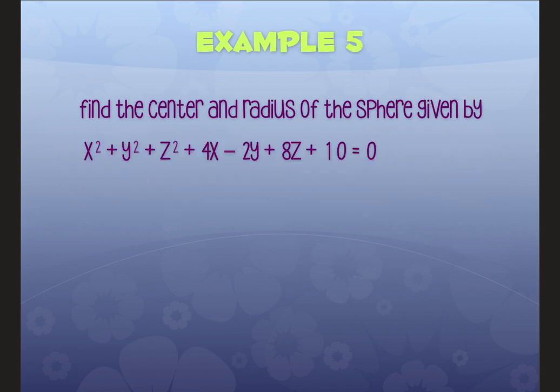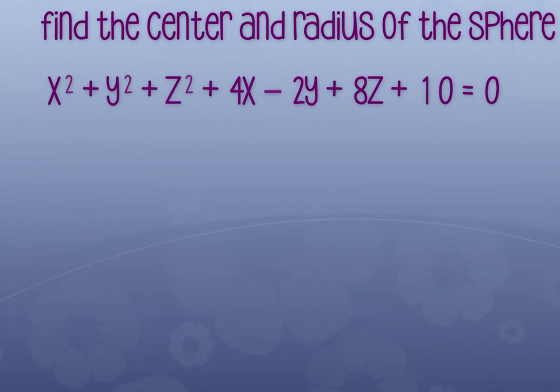All right, last one. Find the center and the radius of the sphere given by this equation. Now this time you get a full equation. This is not in standard form. How do we put it in standard form? Complete the square. There are 3 variables, so I'm going to group the x squared.